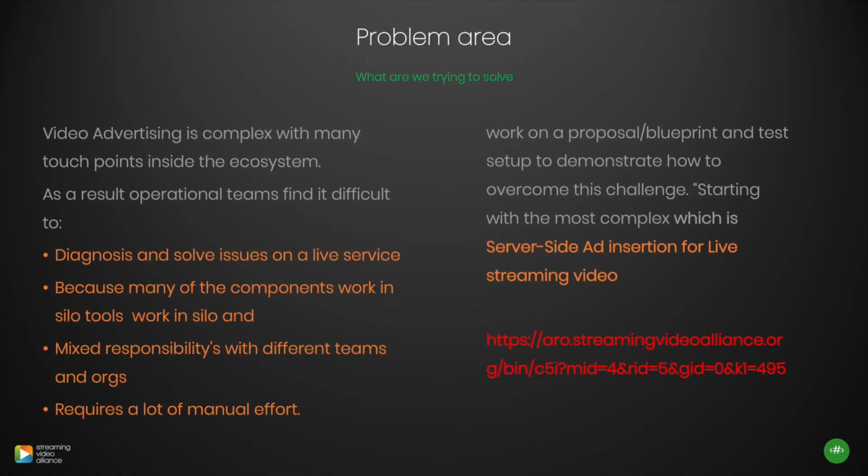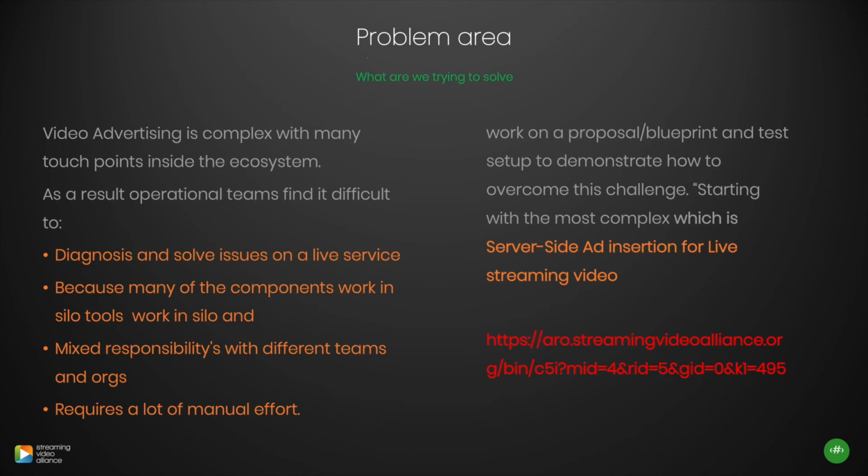So inside our working group, we thought, how could we address this problem? And we thought, well, the best way to try and solve it is first, let's monitor it better. So we looked at how we could create a blueprint and an architecture to diagnose and monitor systems which have server-side ad insertion for linear streams.